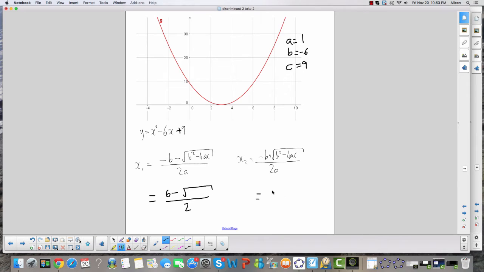We've got the same thing going on over here. And what's in there, let's calculate that. -6 squared minus 4 times a times c. I'll make that 36, subtract 36, 0.